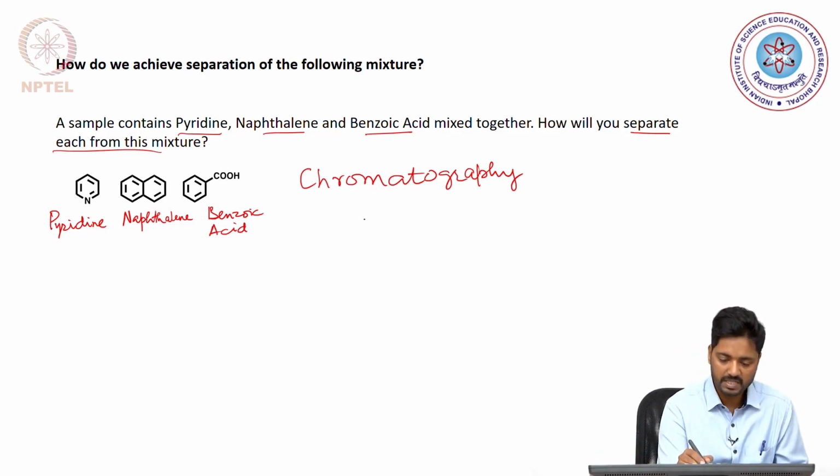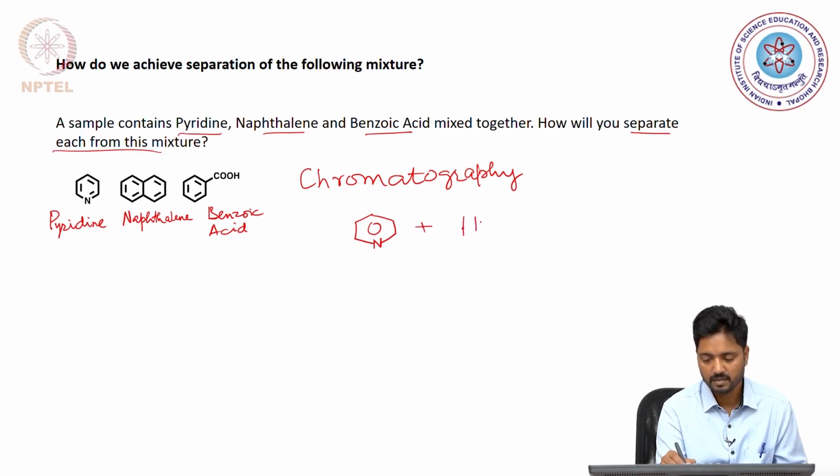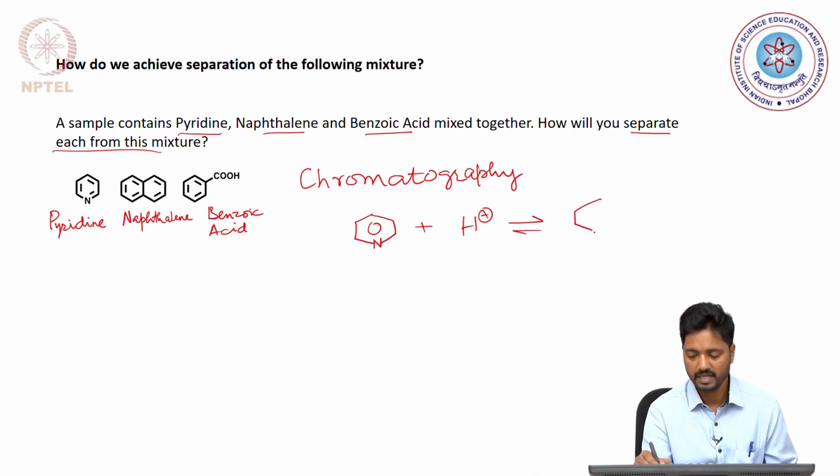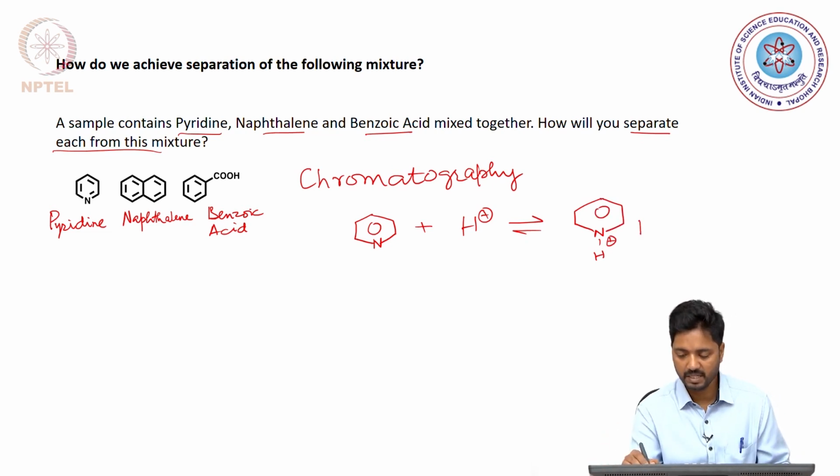Now, what you can see is that if you take pyridine, you can easily protonate it, it is a basic compound, and can be protonated under the right conditions of pH to generate this pyridinium cation.